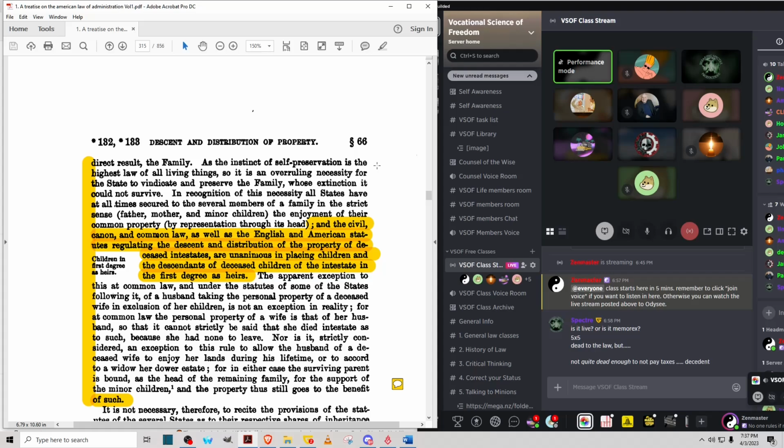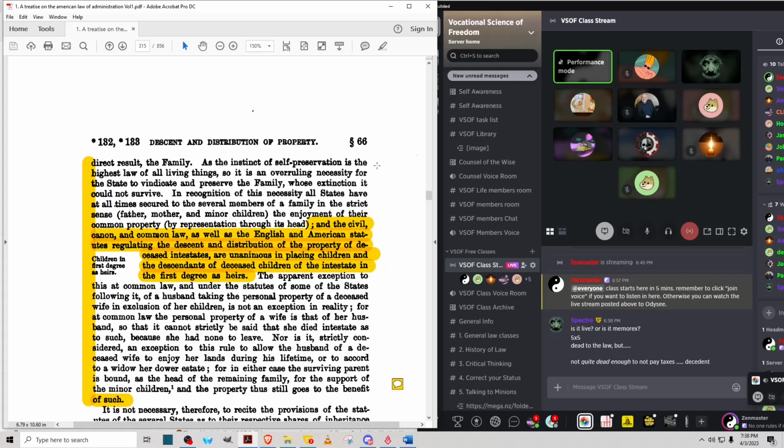Okay, so to continue, the apparent exception to this at common law and under the statutes of some of the states following it, of a husband taking the personal property of a deceased wife in exclusion of her children, is not an exception in reality. For at common law, the personal property of a wife is that of her husband, right? Because at common law, there's one marriage. At common law, you're both under the same house, right? So that it cannot strictly be said that she died intestate as to such, because she had none to leave.